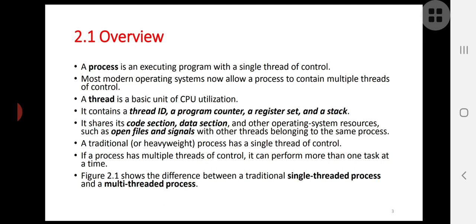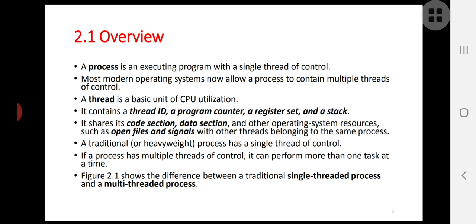Multiple threads of control means the process can perform more than one task at a time. A single thread means a process can perform only a single task at a time. A process with multiple threads can perform multiple tasks at a time.